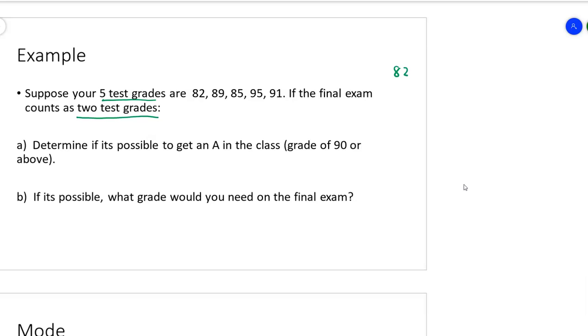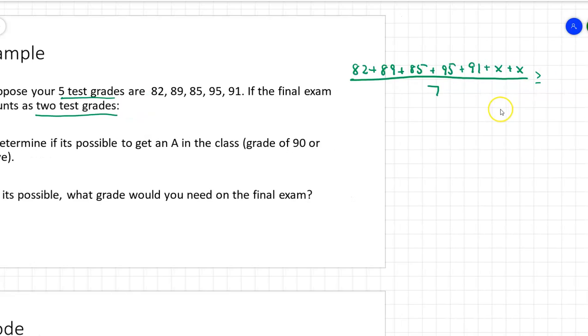So my grades are 82, 89, 85, 95, 91, and a double grade that I haven't figured out what it is yet, divided by 7, because there's 5 test grades and then the final exam counts as 2 test grades. I would like that to be greater than or equal to 90.